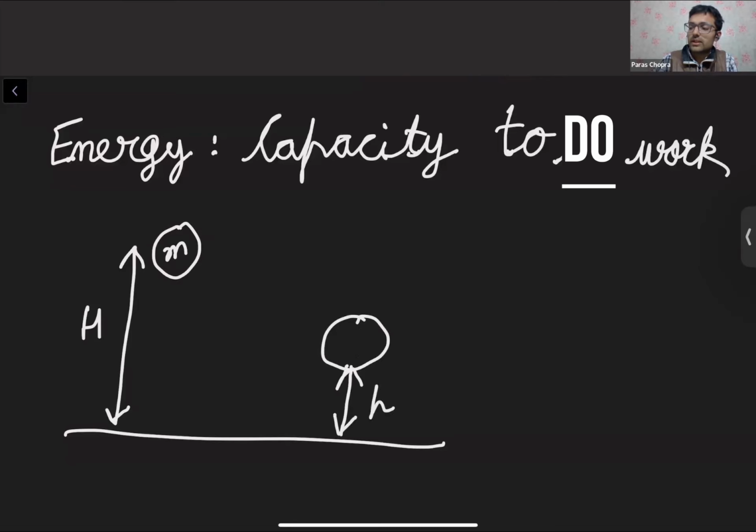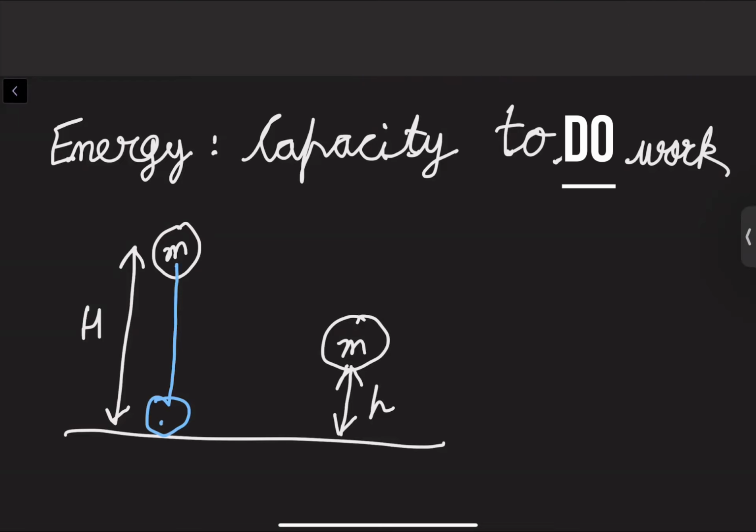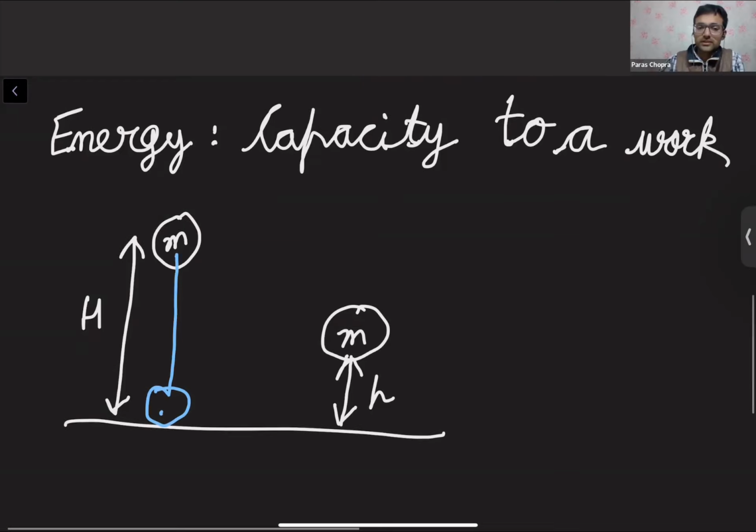If the two balls are of the same masses, then we will say the second ball has a lesser energy, while the first ball has a greater energy because the first ball has a greater capacity to do work. So if we just release the ball, then as it comes to the bottommost position, it will have done a greater amount of work than the second ball. So if an object has a greater energy, it can do more work.